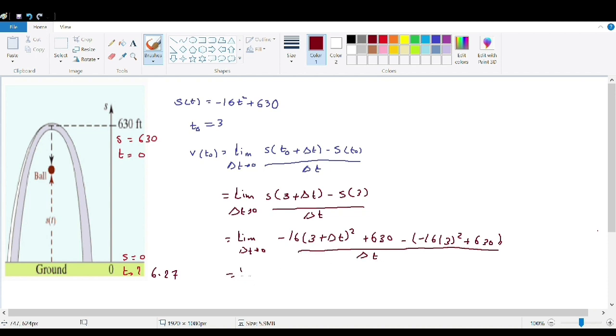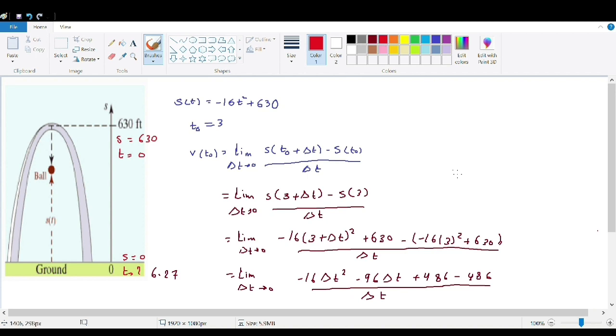So now this will give us the limit as delta t approaches 0 of minus 16 multiplied by (3 plus delta t) all squared, so this will give us minus 16 delta t squared minus 96 delta t plus 486, minus 486, all divided by delta t.